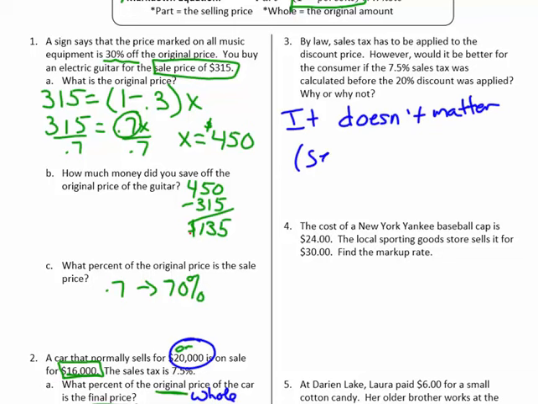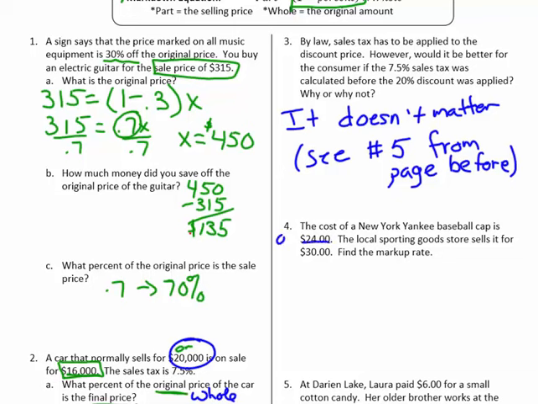And I'm going to put in here C number 5 from the page before, because you actually did that in class when you worked on the practice for the lesson yesterday, from page B4. Okay, the cost of a New York Yankees baseball cap is $24. The local sporting goods store sells it for $30.